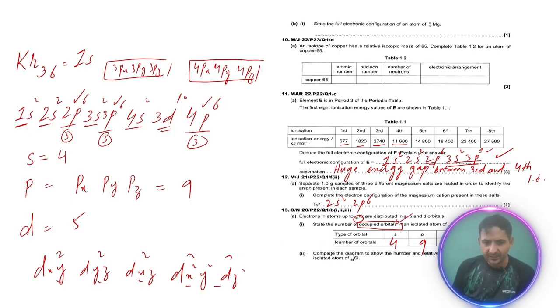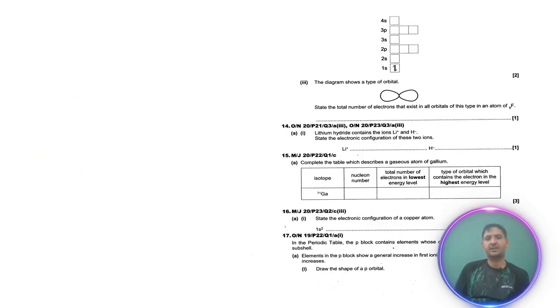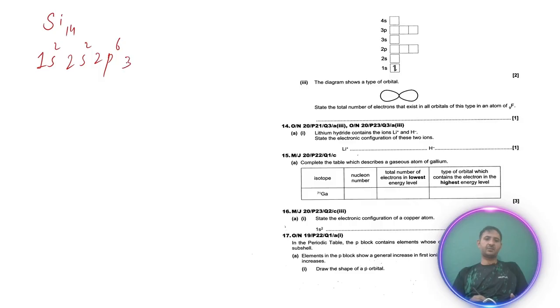Okay, complete the diagram to show the number of and relative energies of the electrons in an isolated atom of silicon. Silicon, atomic number 14, it will become 1s2, 2s2, 2p6, then 3s2 and then we will write 3p2. There are 14 electrons: 6 plus 2 is 8, plus 2 is 10, to 12, 3p2.